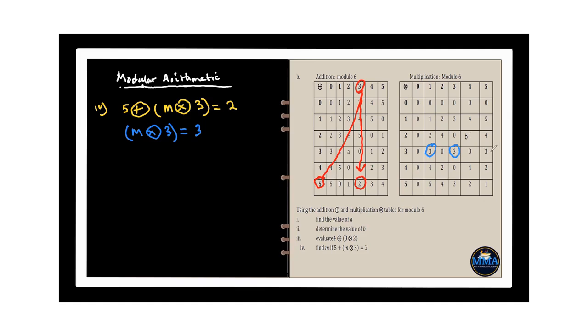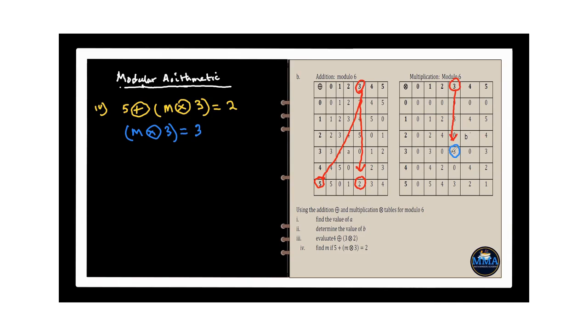And we say something times 3 gives us 3. So this is where it happens. So I've marked where it happens. Something times 3 gives us 3.